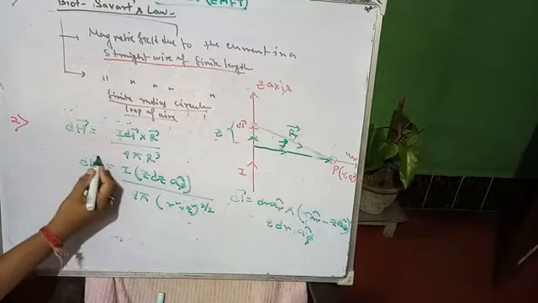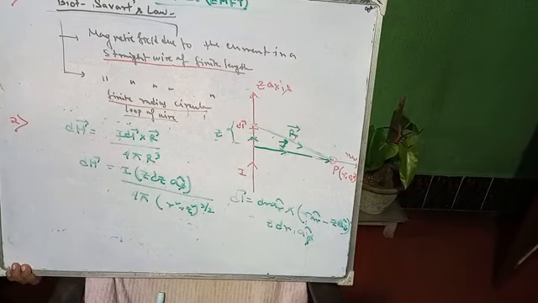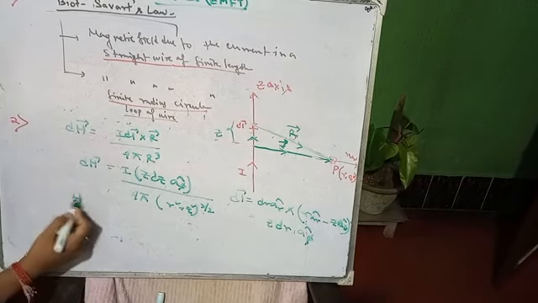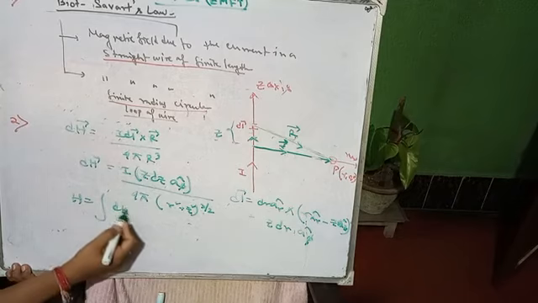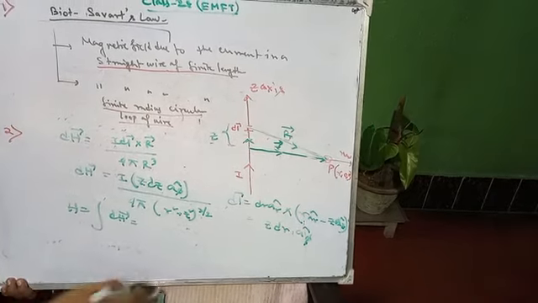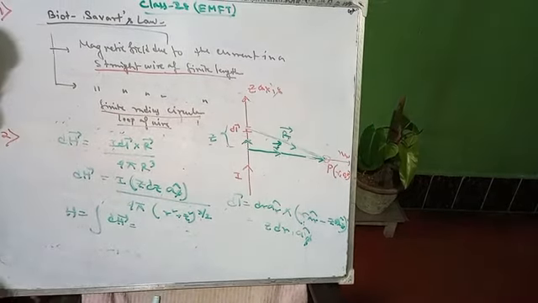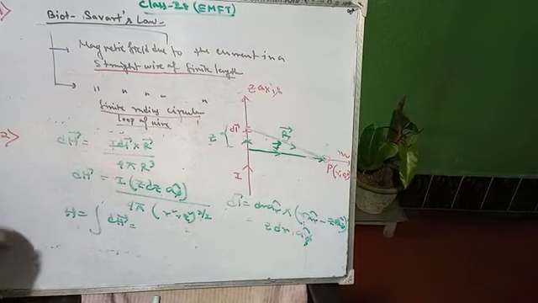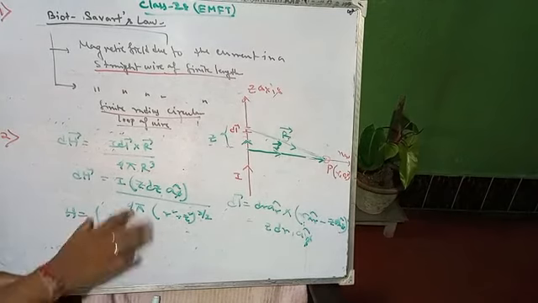So dH vector equals this, and after integrating we have H vector. Today's class is up to this much, so please wait for next day. I will continue from here.